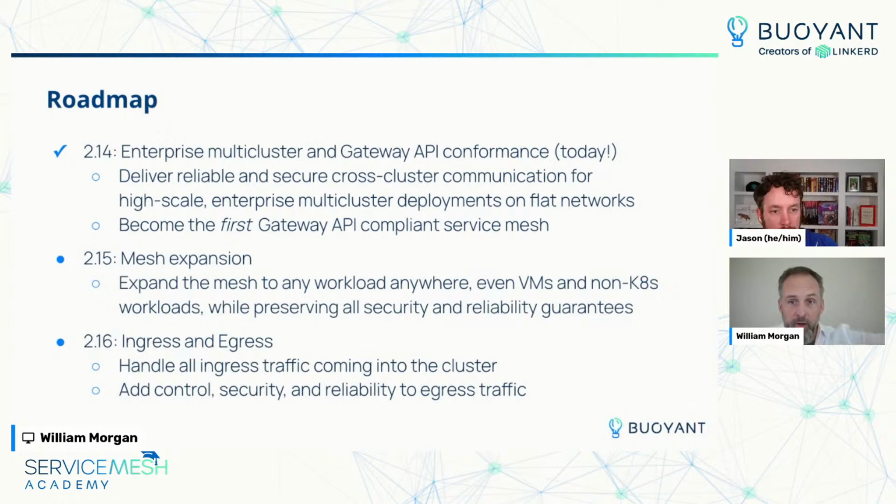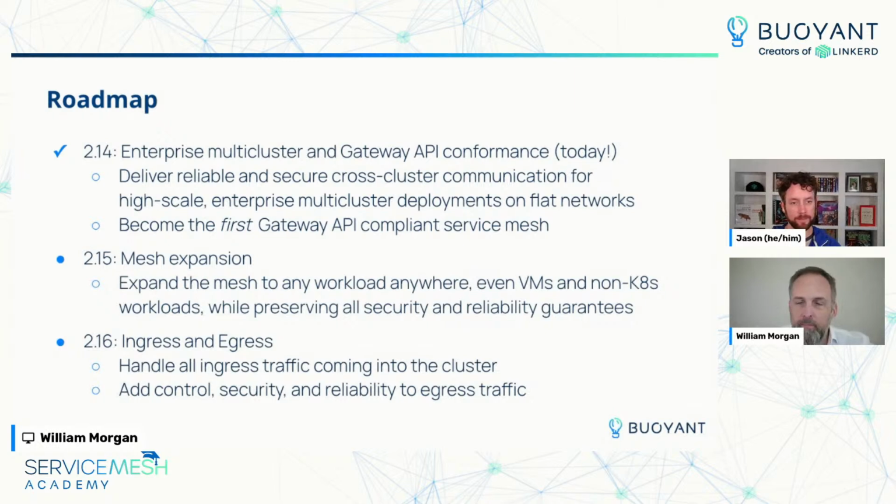I mentioned very briefly that Linkerd 2.14 gave us this way of doing multi-cluster communication with a shared flat network. We also became the first Gateway API compliant service mesh. If you are a deep Kubernetes nerd, that probably is meaningful to you.